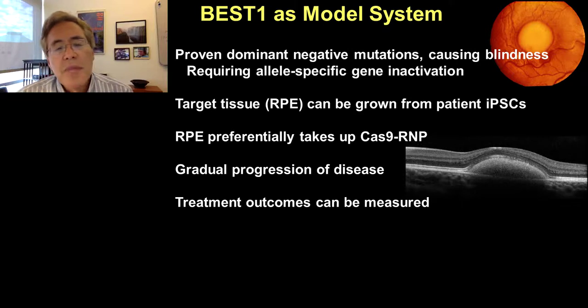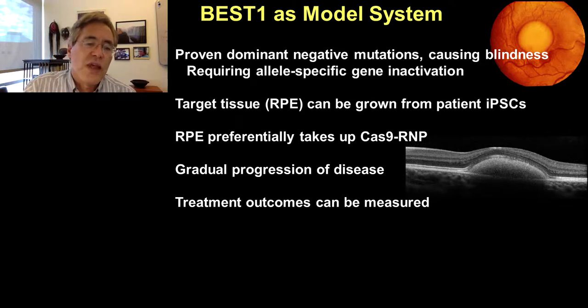But we also consider it to be very aptly named, because it really is the best for modeling this type of genome surgery. Its target tissue is RPE that can be grown from a patient's iPS cells, and the RPE preferentially takes up Cas9 RNP. There's a gradual progression of the disease, and the treatment outcomes can be measured.